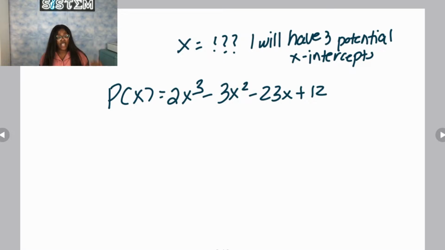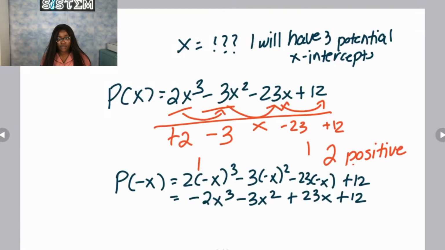Okay, so here we do the same thing. And sorry, my screen froze, so let me fix it. Okay, that should be good. I'm sorry about that. So all I did, in case you didn't see, is I put a negative x in to see if there are any sign changes when there's a negative x inside my problem.